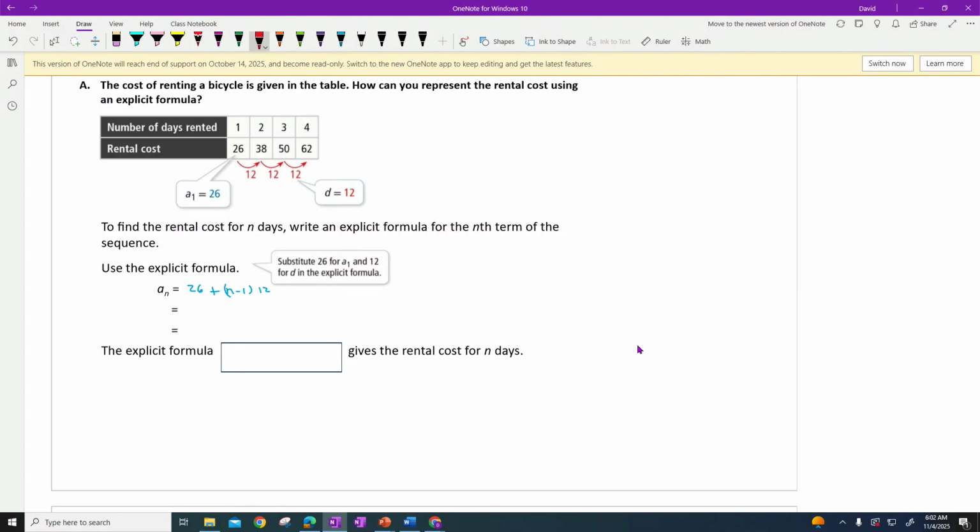So we're going to take this 12 times everything inside the parenthesis. And I still got this 26 here. Now, just like we were practicing yesterday, I have like terms. 26 take away 12 is 14. So now I got 12n plus 14.